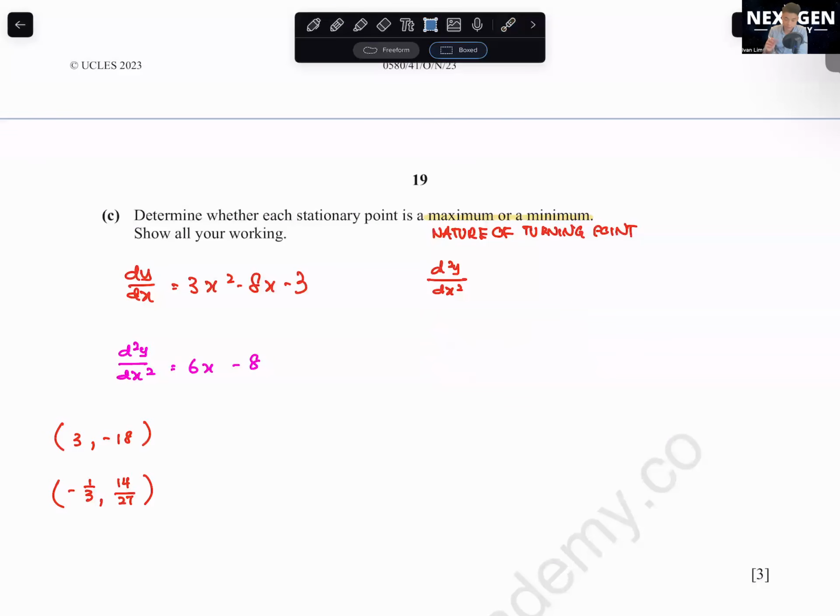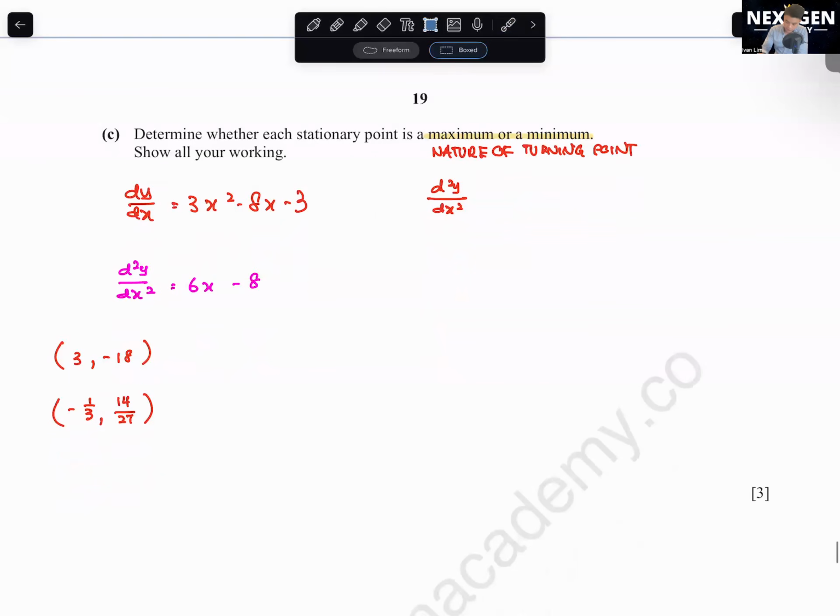Then you check whether it's more than 0 or less than 0. So what is the check over here? If it's less than 0, it is a maximum. If it's more than 0, it is a minimum. You have to memorize this property here.